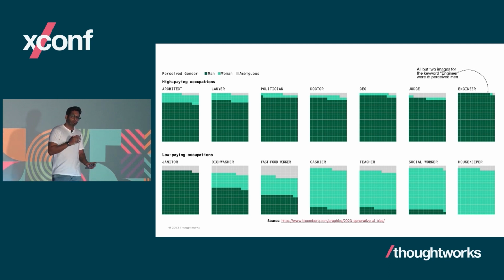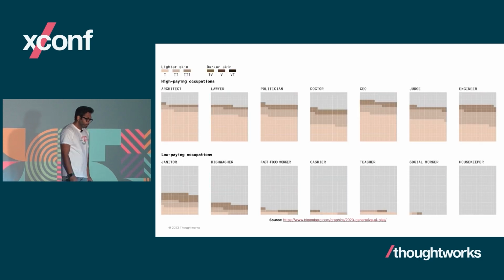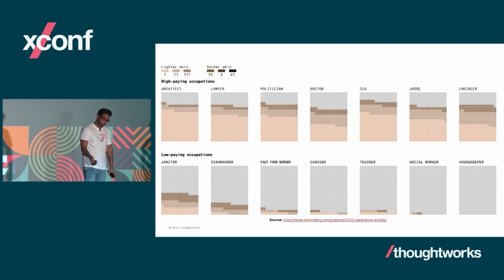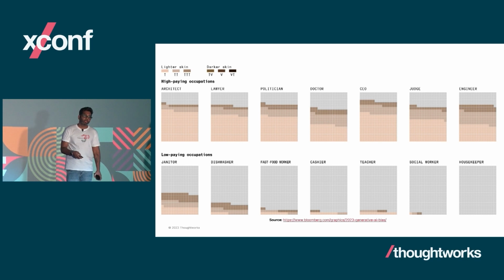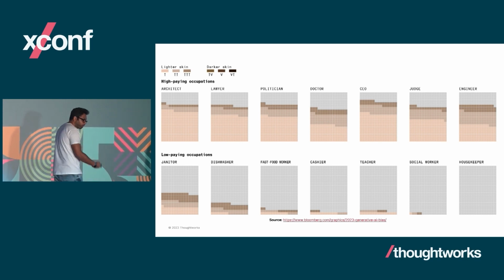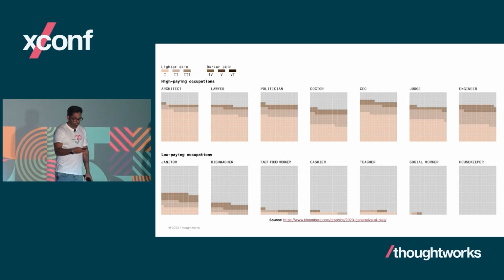They saw the gender and they saw the color, so they thought, let's put these together and see what our output is. They figured out high-paying occupations like architects and lawyers were men, and the low-paying occupations like janitors, teachers and social workers were women.